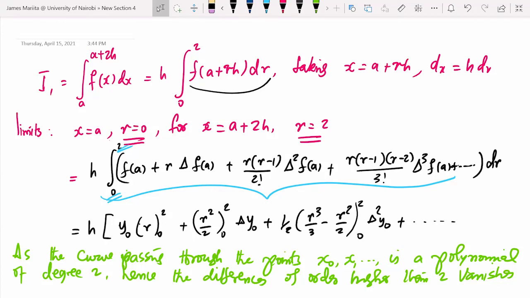Yes. Now we will have x is equal to a plus 2h. Then you put r will be equal to what now? For the second one, we'll be moving from 2 to 4.